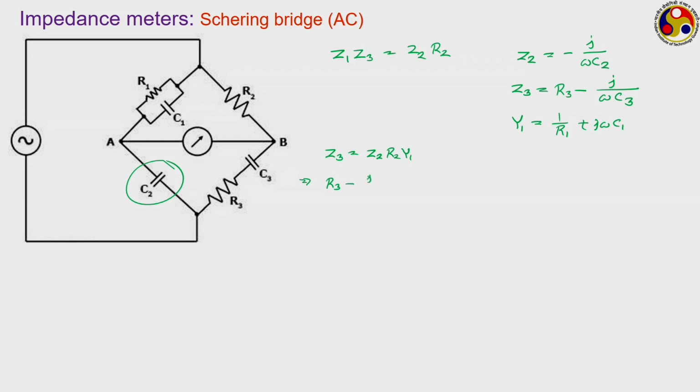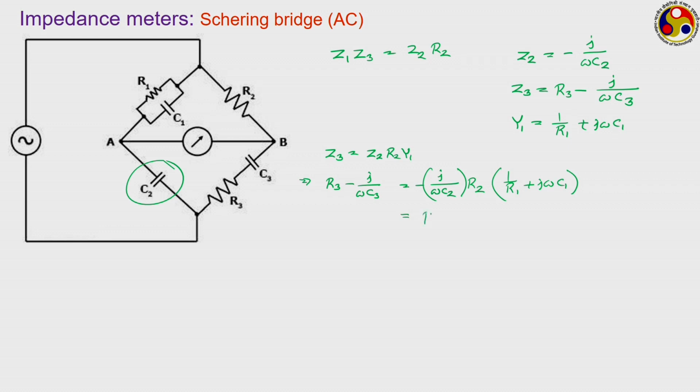R3 minus j upon omega C3 is equal to minus j upon omega C2 into R2, sorry, this should have been R2, and Y1 is 1 upon R1 plus j omega C1.